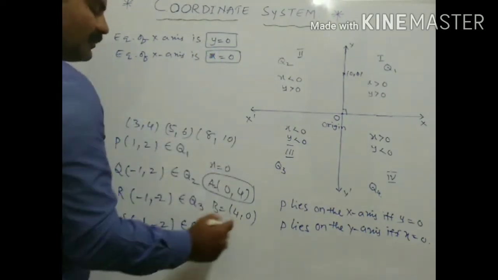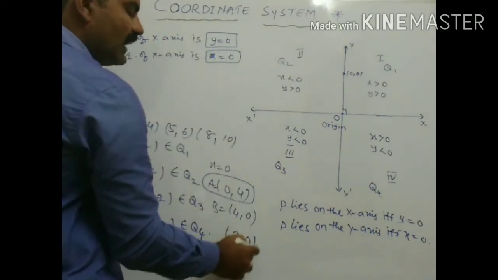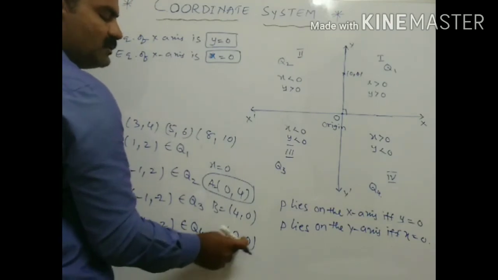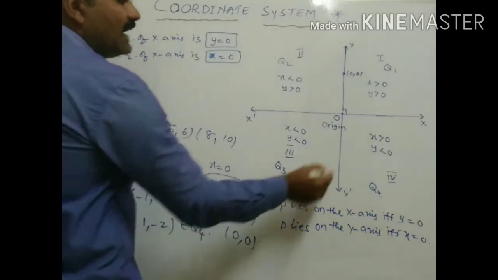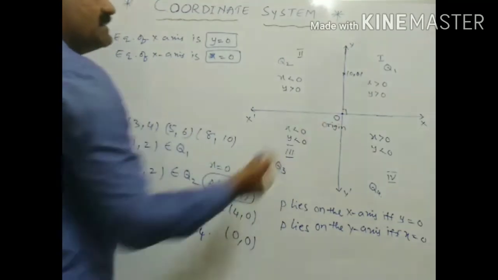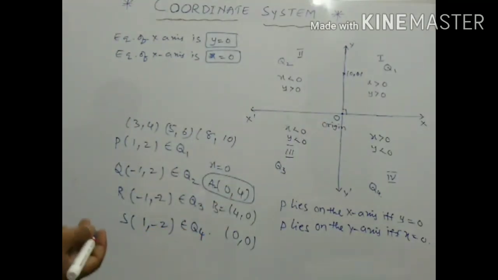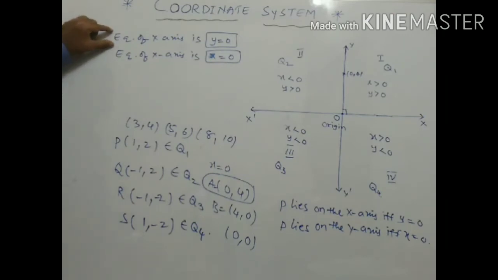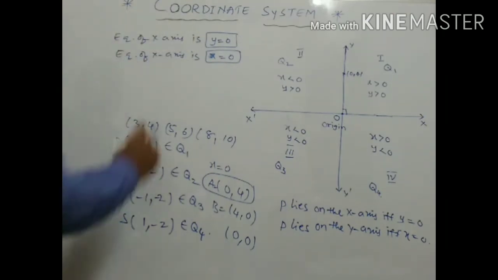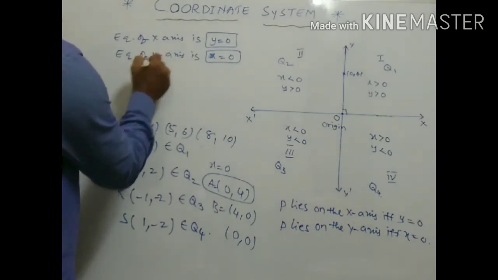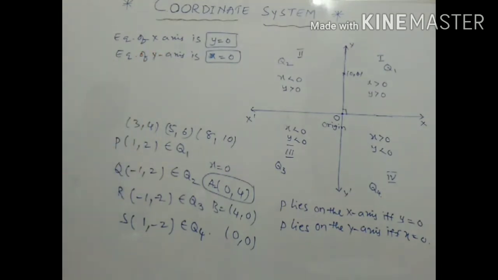If both coordinates are 0 and 0, that is, the x coordinate is 0 and the y coordinate is 0, then the point is on the origin. Now, the equation of the x-axis is y equals 0 and the equation of the y-axis is x equals 0.